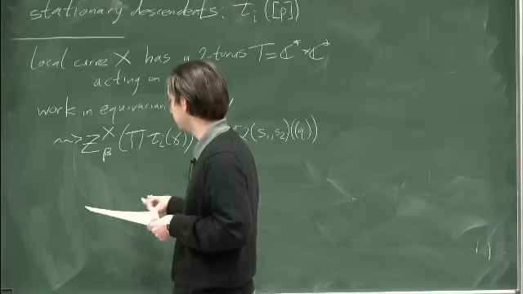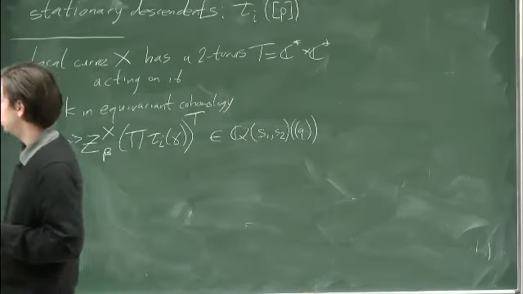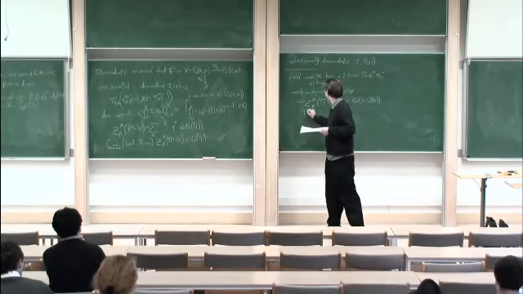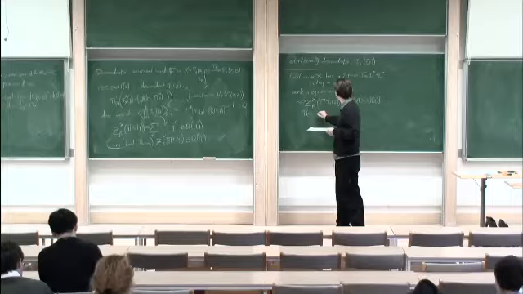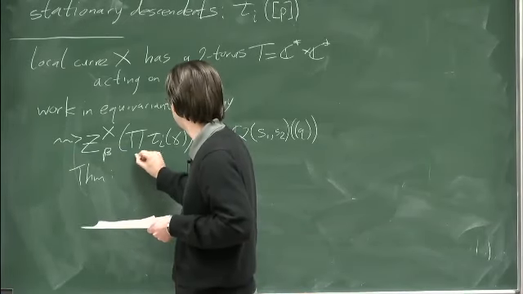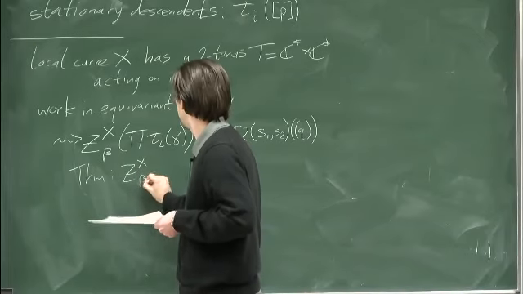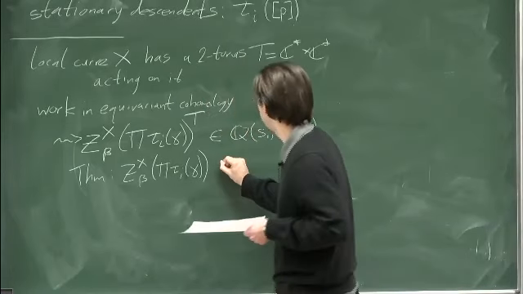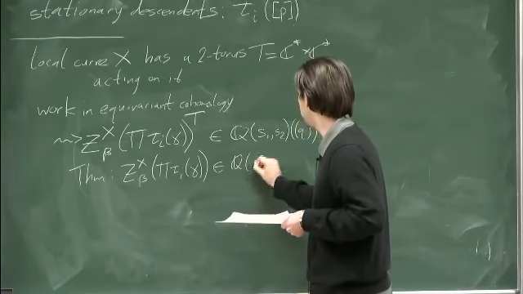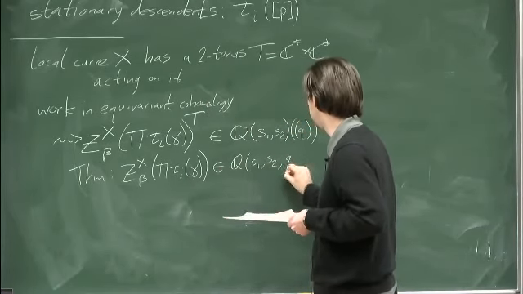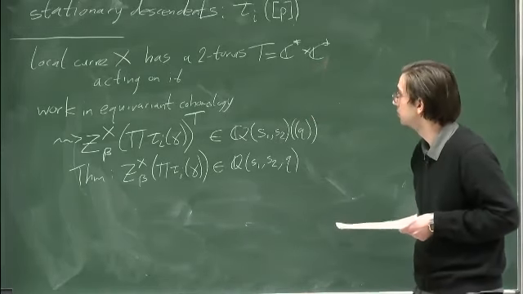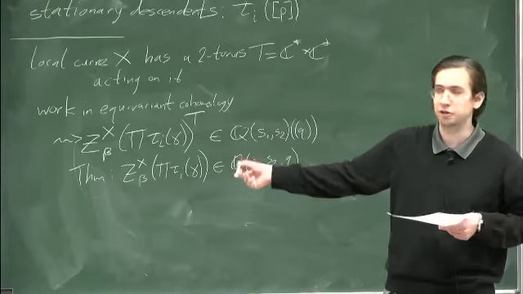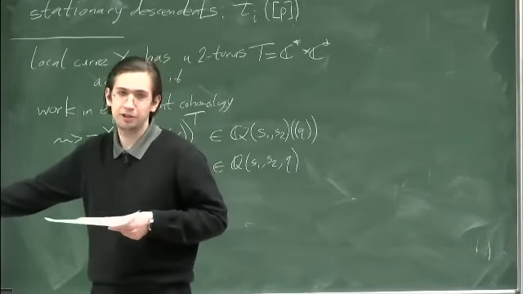And the natural conjecture to make, which in this case, the local curve case, is actually a theorem, is that the partition function is a rational function of s1, s2, and Q. One of the nice things about working in equivariant cohomology, so first, this is a strictly stronger statement than the non-equivariant version.